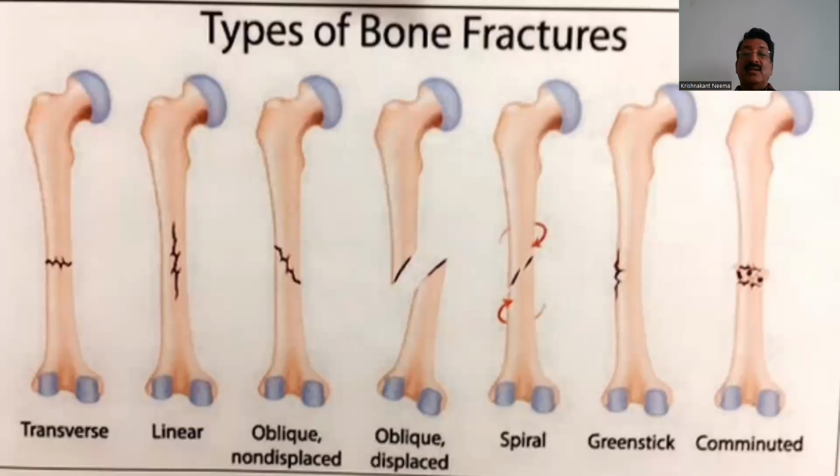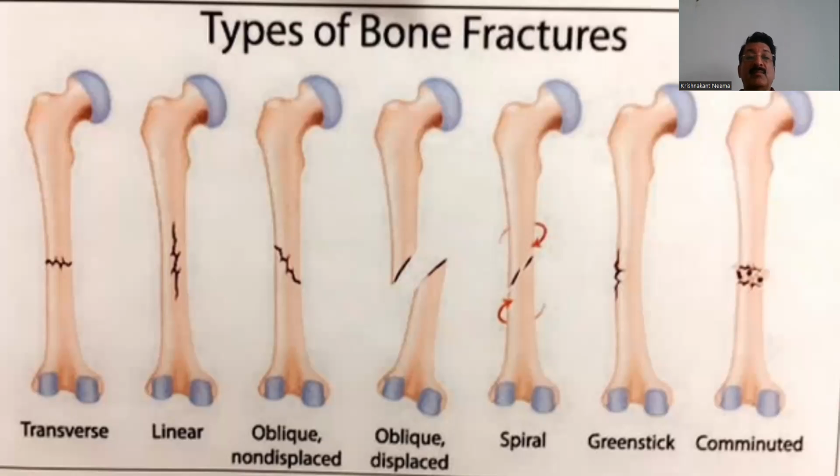So these are the various pictures to help you understand the various types of fractures. In the first, you can see a transverse fracture. In the second, you can see a linear fracture. In the third, you can see an oblique fracture.